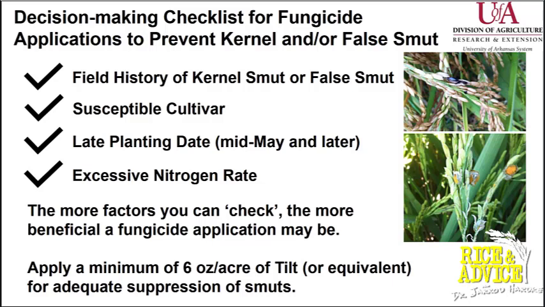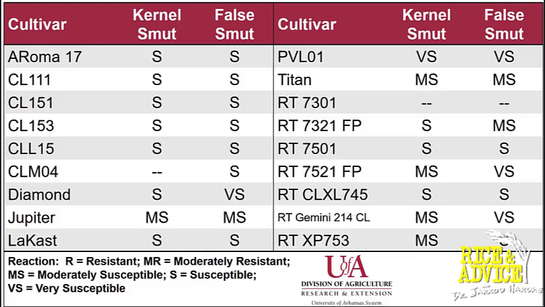But if we're going to make that application, we're checking through those boxes and we see that we have some significant risk of smut problems, getting it properly timed to be in that mid-boot, flag leaf on its way out, to the beginning of late boot once you can see the flag leaf collar on the plant, but still days well ahead of boot split. That's going to be our optimum window to make the smut fungicides work for us.